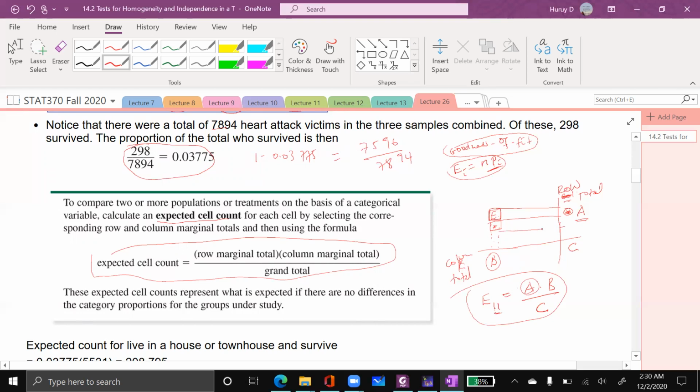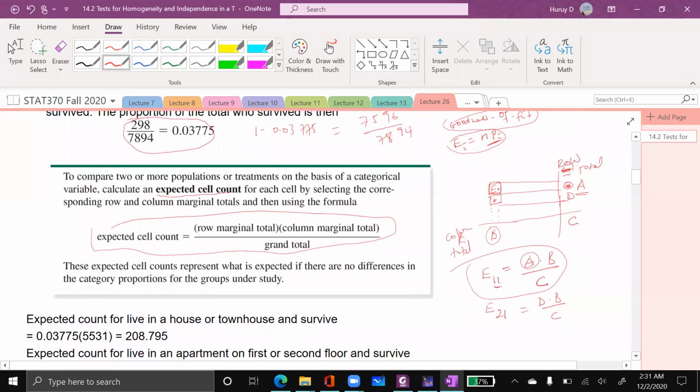If I call the row total for this one D, then the expected count of row 2, column 1 is D times B over C, and so on. And as we go in this direction, we change the column total, just taking the total of that column. So this is how we calculate the expected value.